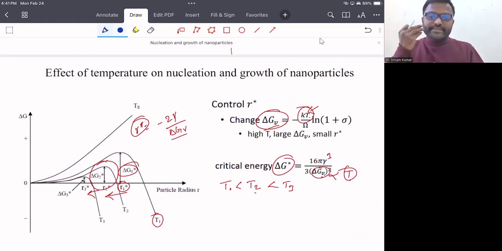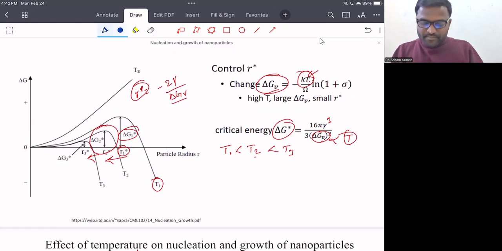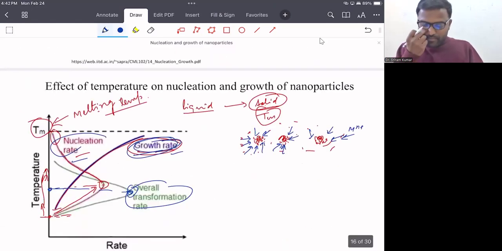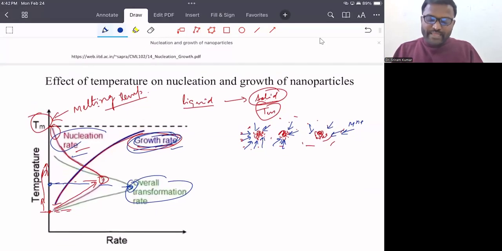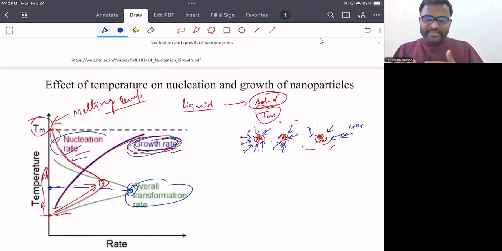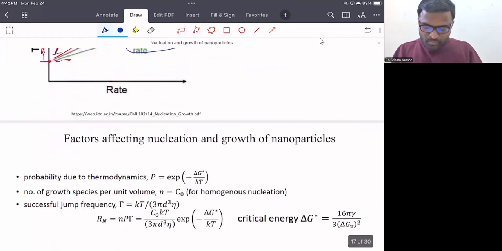At the same time, there is a decrease in the size of the nucleus or nuclei. So if you have the smaller particle size, and if you have higher temperature, then it will also increase the nucleation rate and the growth rate. So we have the smallest particle size. So we can explain these observations based on these two and the plot.